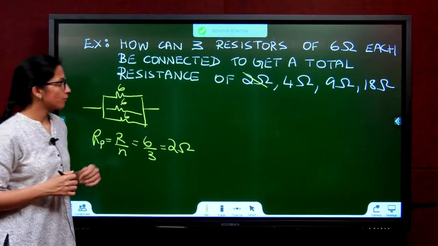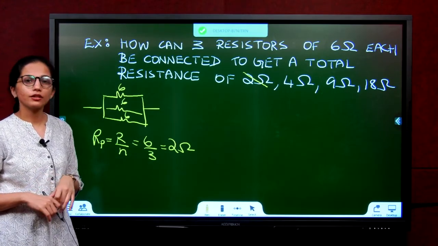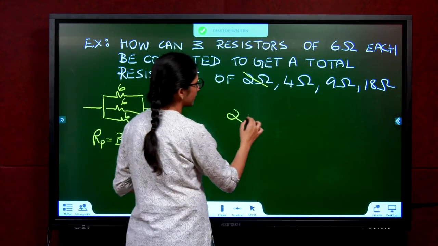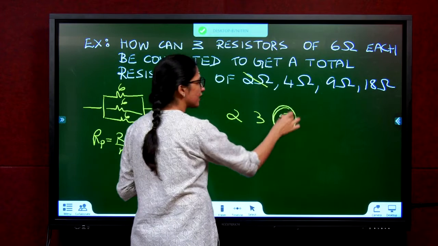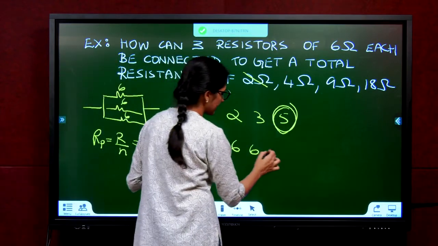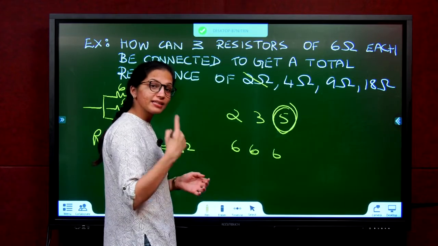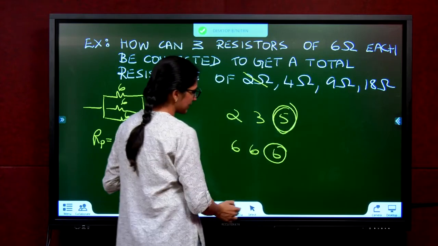Now, more than 6 ohm means what? Series combination. How do we know that? For example, we saw that example 2, 3, 5. If you put them in series, your answer will be more than the highest resistance, 5. So I have now 6, 6, 6. 6 is the highest. So my series answer will be even more than 6. Who is more than 6? 9 and 18.